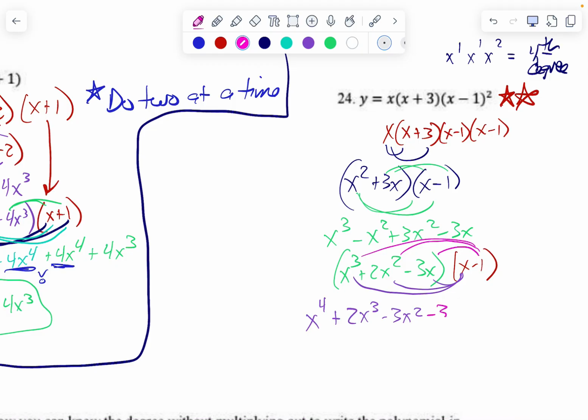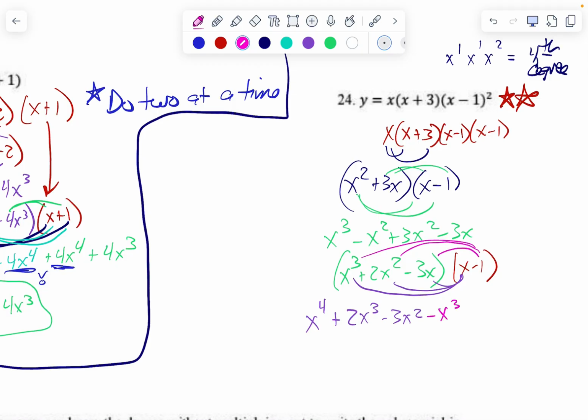So then you get minus x cubed minus 2x squared plus 3x. Here's a little tip on combining your like terms. Since these are separated, like the x cubes, once you've dealt with them, cross them off.